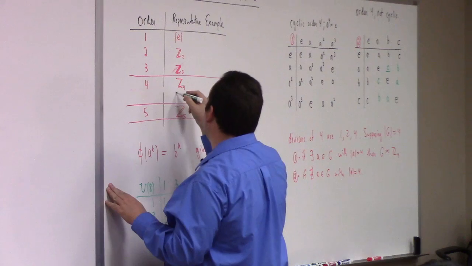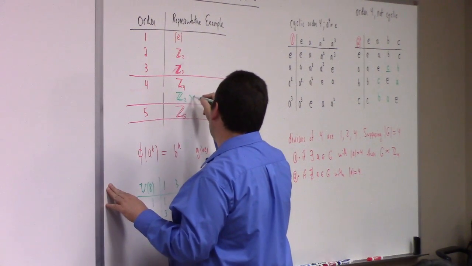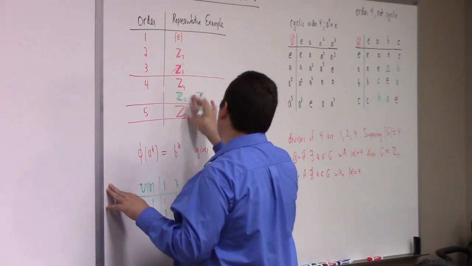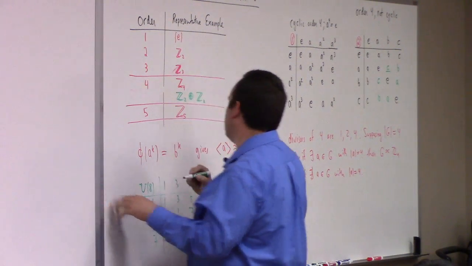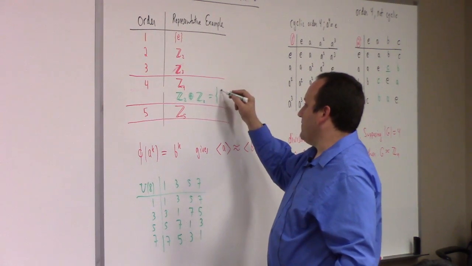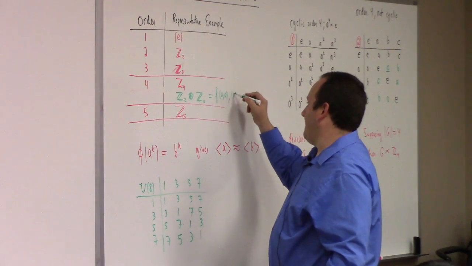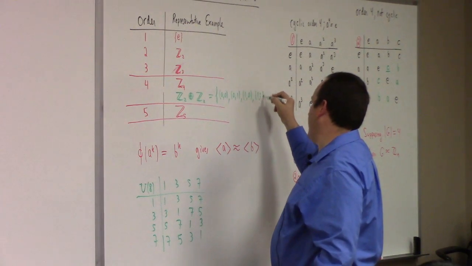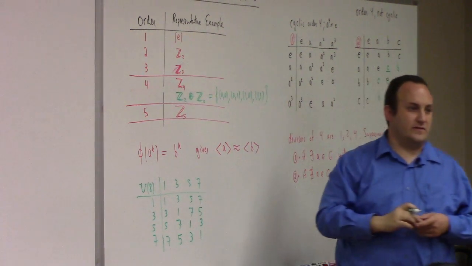Now, what I would prefer to put here, though, is Z2 cross Z2. Or I suppose in Galilean's notation, Z2 plus Z2, like this. Which is what? Where addition is done modulo 2.